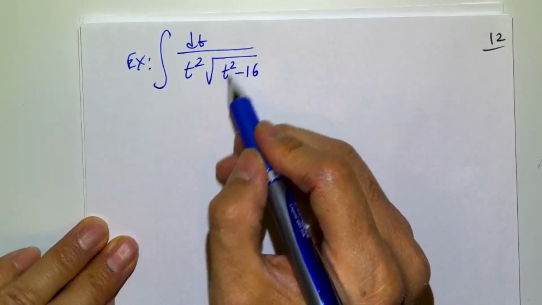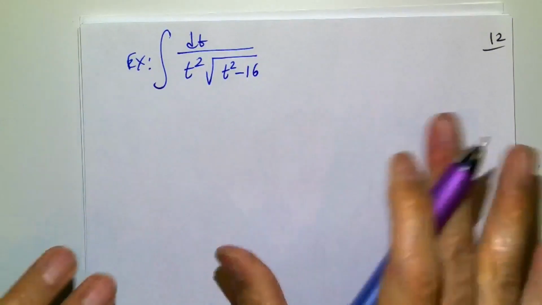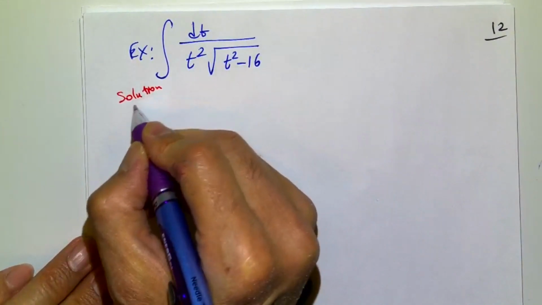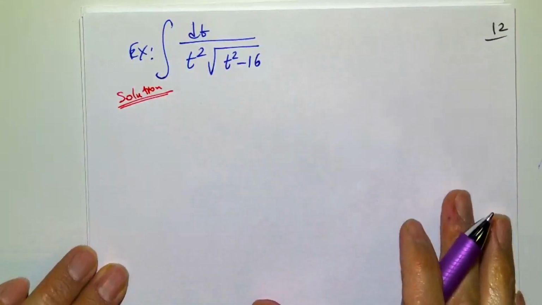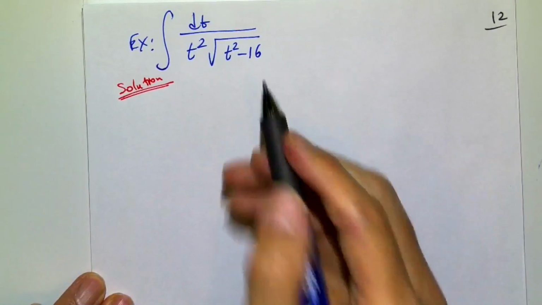So this is variable squared minus a constant squared. Okay. Again, please give it your own thoughts for 15 minutes. Write down a solution and then come back to the video.